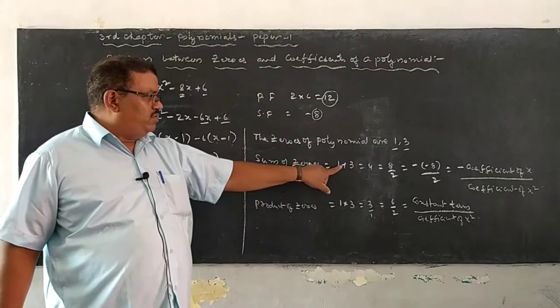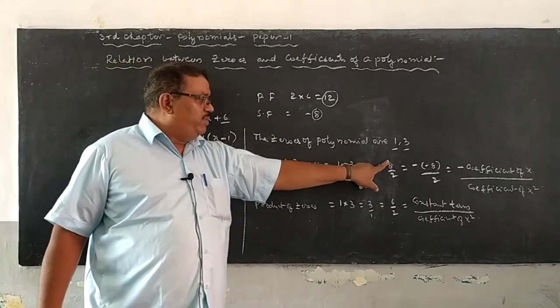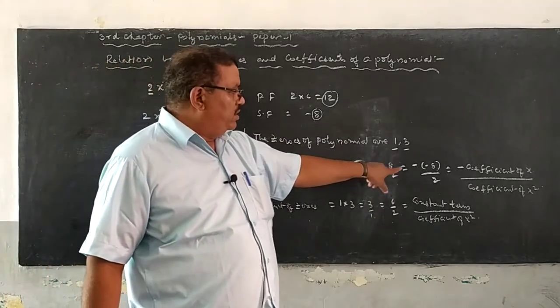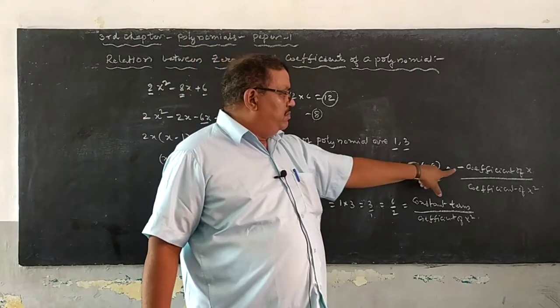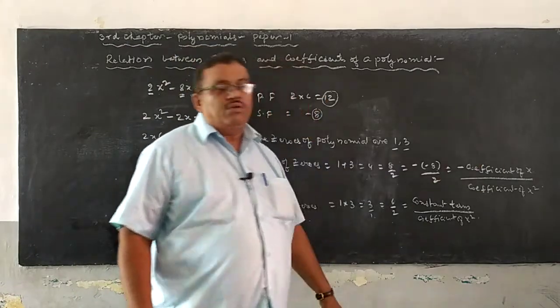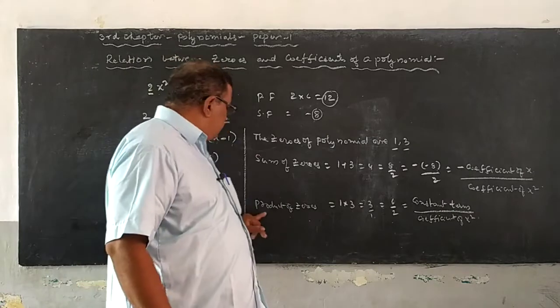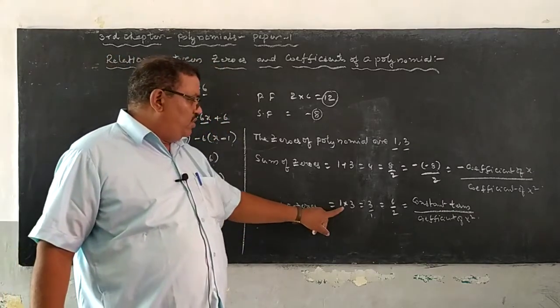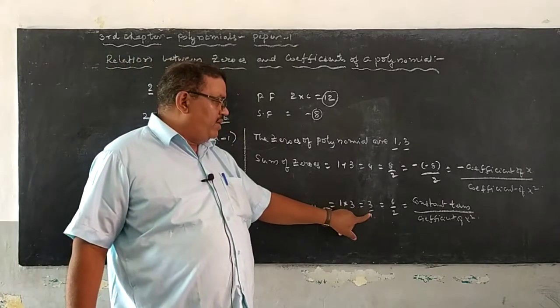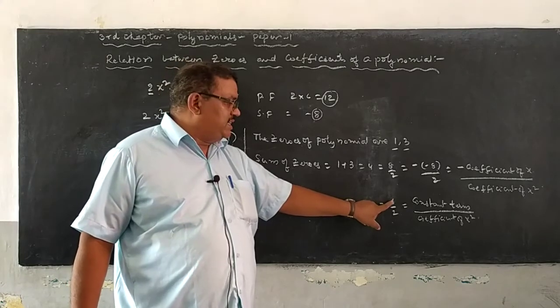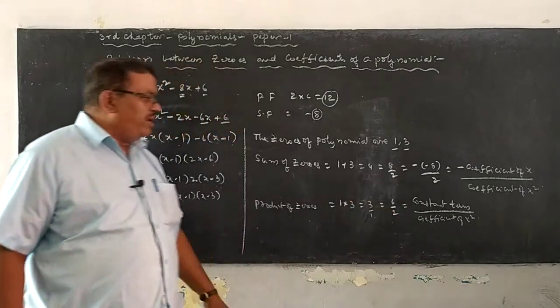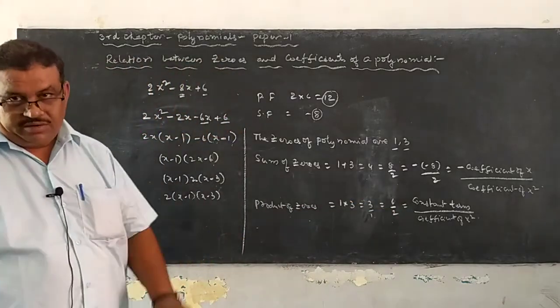Sum of zeros 1 plus 3 is 4, which is 8 by 2, minus of minus 8 by 2, that is minus coefficient of x by coefficient of x square. Similarly, product of zeros 1 into 3 is 3, which can be written as 6 by 2, that is constant term by coefficient of x square.